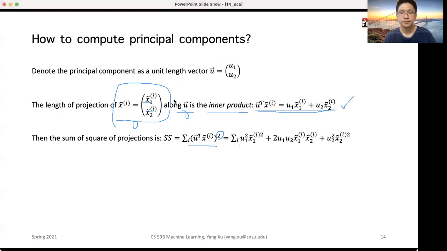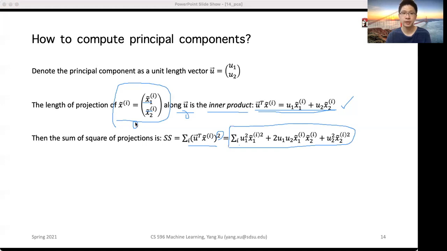All right. So that is how we define the sum of squares. So, right, we have this very long equation, and that is our goal to maximize, right? Remember, we want to maximize the sum of squares so that we have larger variance along that dimension.